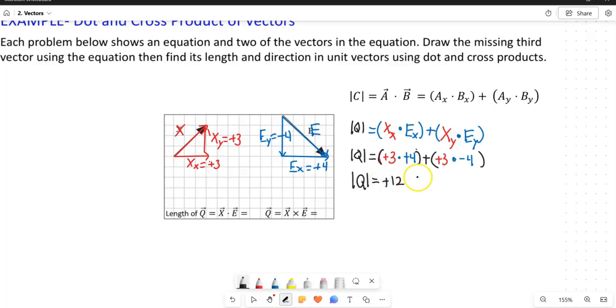So that's positive 12, and this is going to be plus a negative 12. So Q, where Q is equal to x dot e, is going to be equal to 0. So this is 0. Okay?